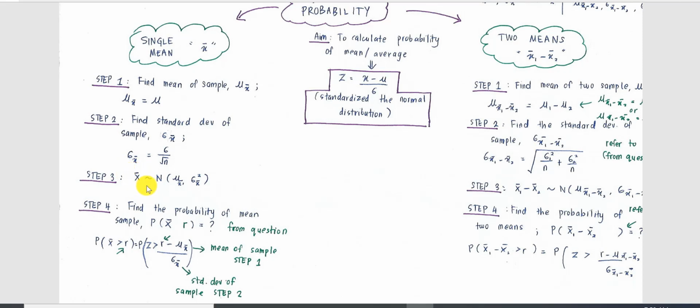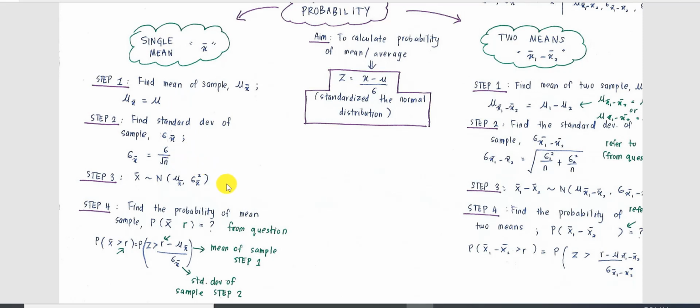But for this chapter, we are going to use x bar, the mean of the sample. x bar is approximately normally distributed, because we use the normal distribution, with the mean of the sample and also the variance of the sample. That means in this notation, your mean and also your variance come from step 1 and step 2.